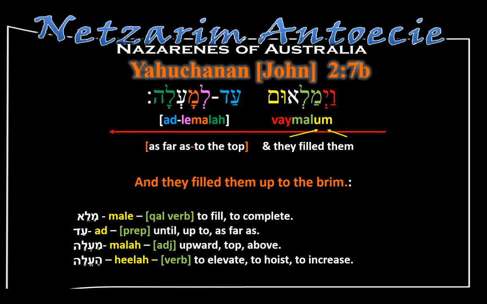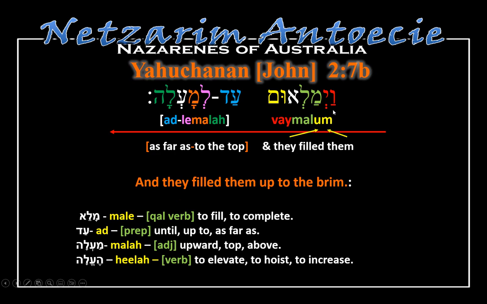And so we turn the page. We're in 7b now. We have a Vav, Yod, Mem, Aleph, Lamed, Mem, Lamed, Aleph, Vav, Mem Sofit, Ayin, Dalet, Lamed, Mem, Ayin, Lamed, Hey. So we read it.